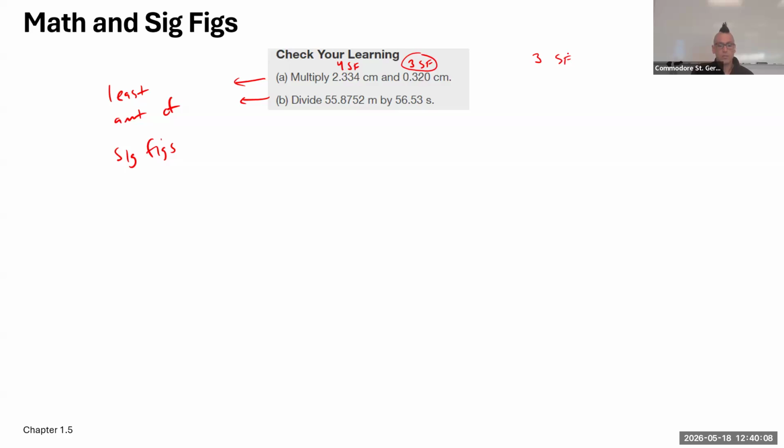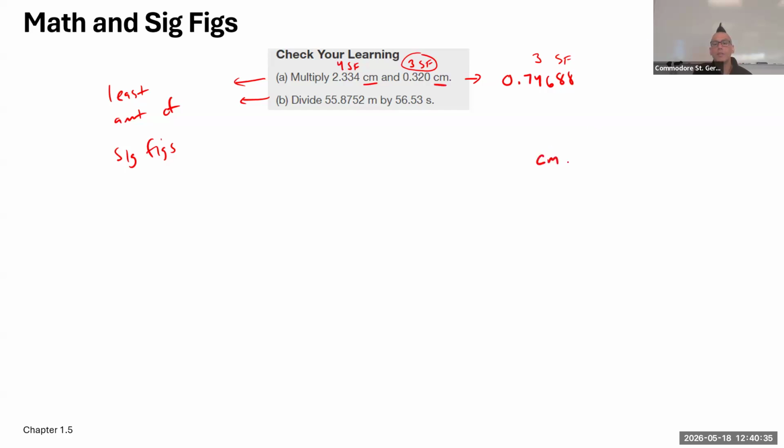So let's take a look. 2.334 times 0.320. This might look a little weird, but let's figure this out. 0.74688. Now we have centimeters times centimeters, right?